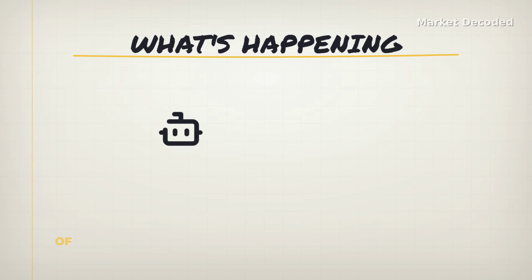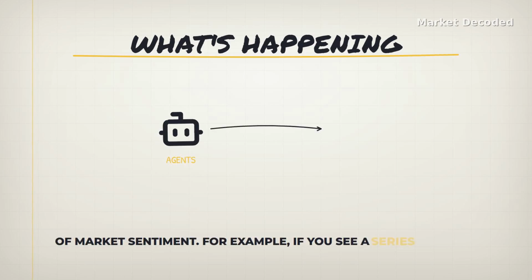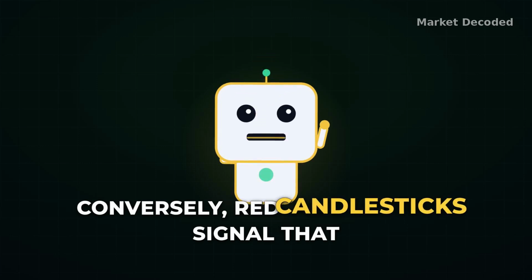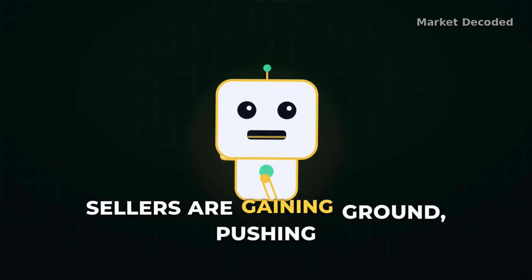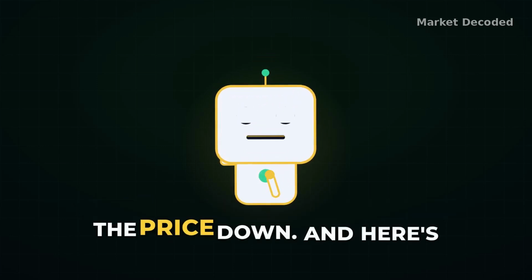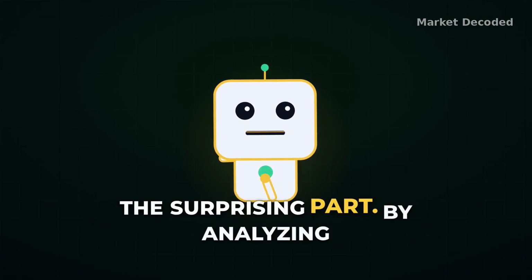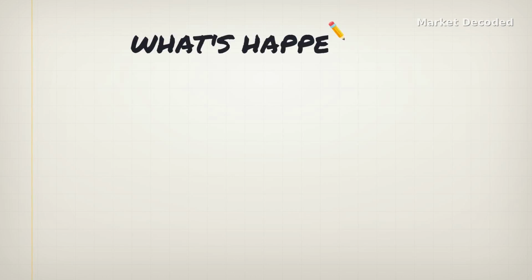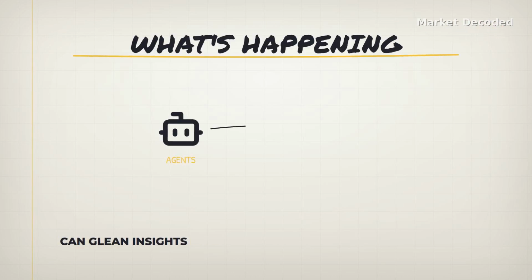For example, if you see a series of green candlesticks, it's like a winning streak for the buyers. The energy is in their favor. Conversely, red candlesticks signal that sellers are gaining ground, pushing the price down. And here's the surprising part. By analyzing the shapes and sequences of these candlesticks, you can glean insights into potential future movements.